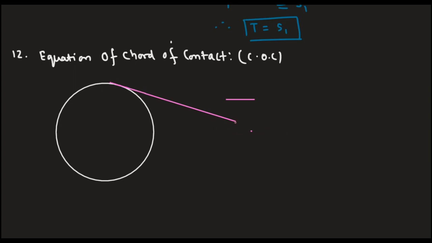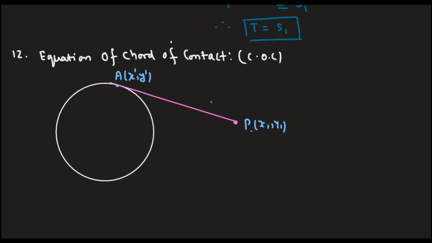So one tangent we draw from the point, this point I call P, x1 y1, and this point I call the A point, which is x dash comma y dash.